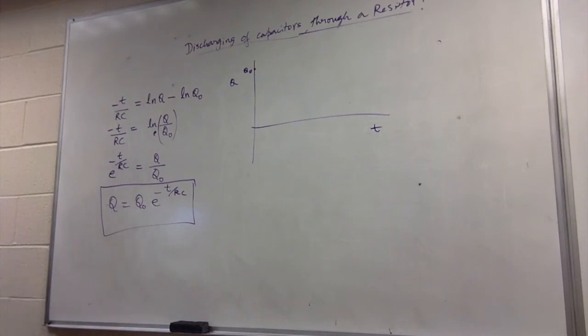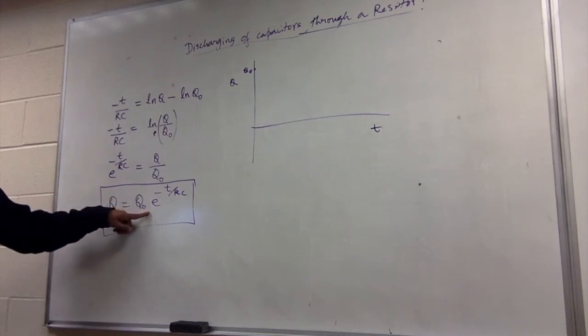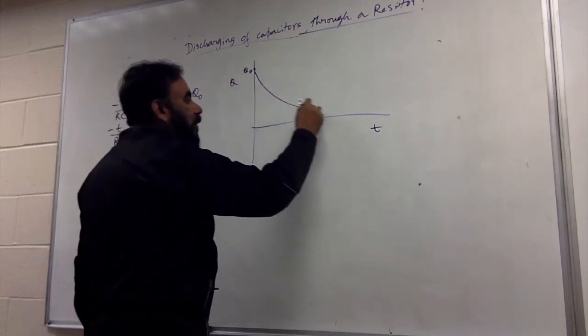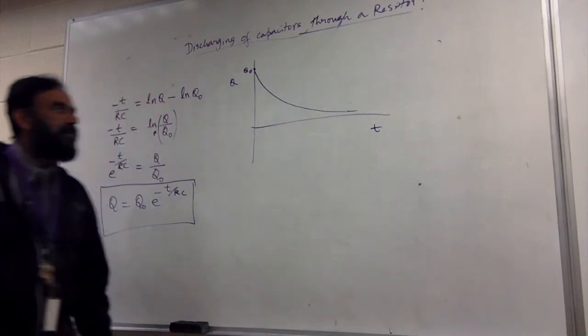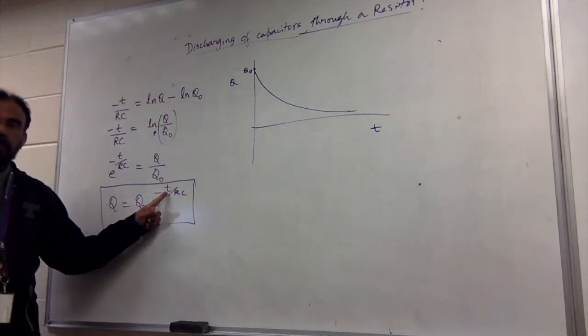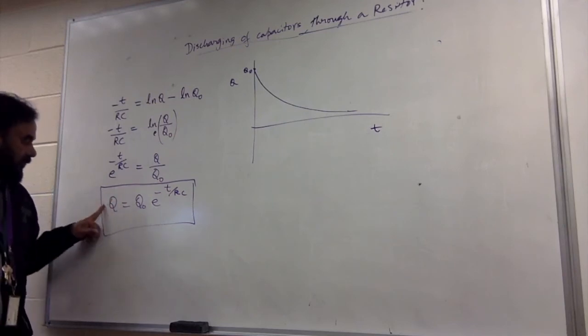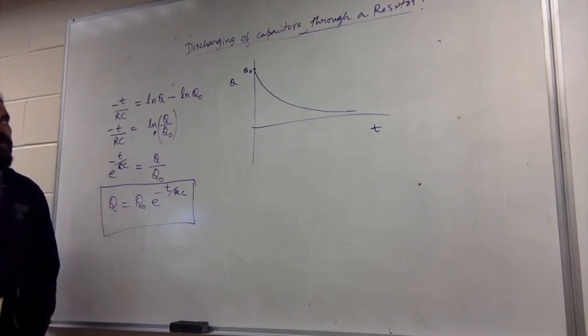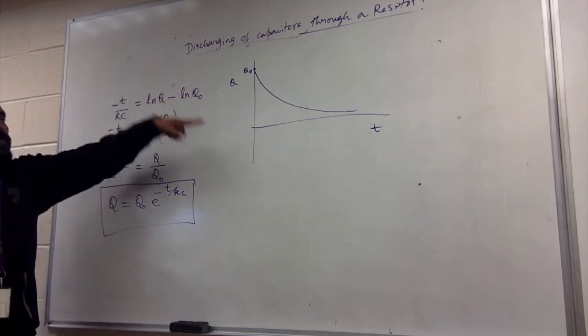Initially, you start with a full charge capacitor. And after some time passes, it's going to fall off exponentially. It's going to come down exponentially. So the discharging of a capacitor will look like that. Only when time becomes infinity, Q will be 0. So that's a discharge graph for a capacitor.